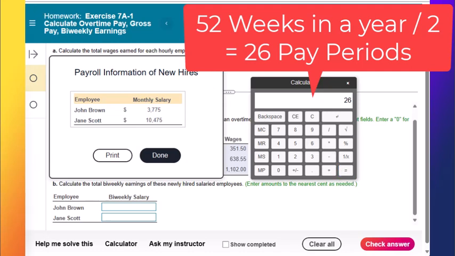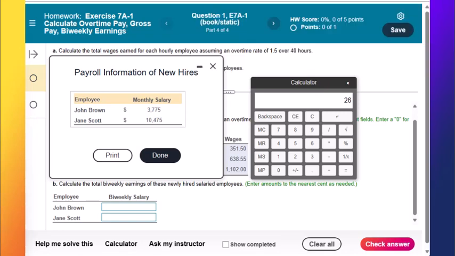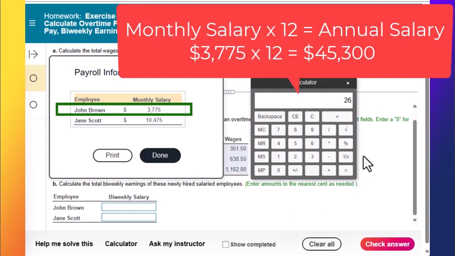So what we're going to do here with this monthly salary for John Brown is we're going to convert it to an annual salary and then divide by the number of pay periods in the year, which is 26. So here's how I do that for John Brown. We're going to calculate his annual salary. So we'll take $3,775 per month, multiply that by 12 to get his annual salary.